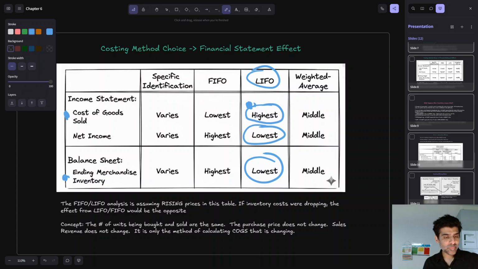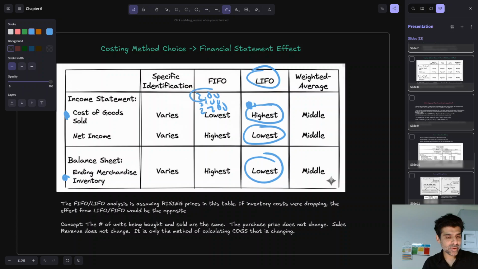FIFO is the opposite. The cost of goods sold, since it's using the oldest, least inflated inventory, the least inflation impacted. I guess you can just relate it to the milk, right? We bought it for $2, and then $2.10, and then $2.20.